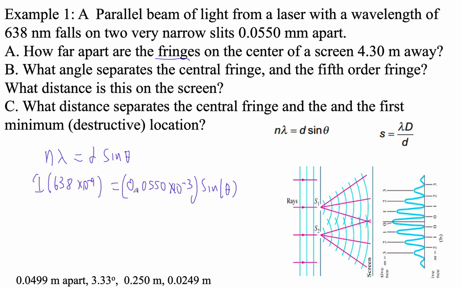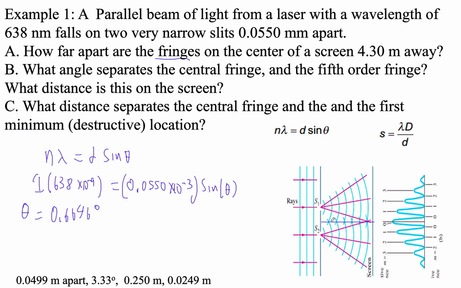So the inverse sine of 638 e minus 9 times 1, don't forget to multiply by 1, divided by 0.055 e minus 3. And that's very small. The angle is 0.6646 degrees, right?